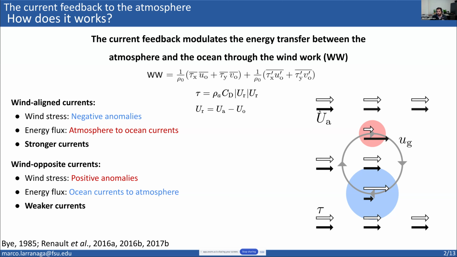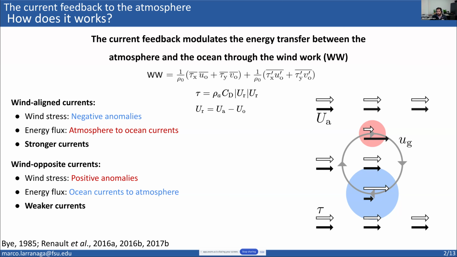Suppose we have a homogeneous wind, the black arrows, blowing over an eddy, no matter if it's a clockwise or anti-clockwise eddy. At the regions where the winds in black are blowing in the same direction as the currents, just by the definition of the wind stress, we reduce the wind stress.